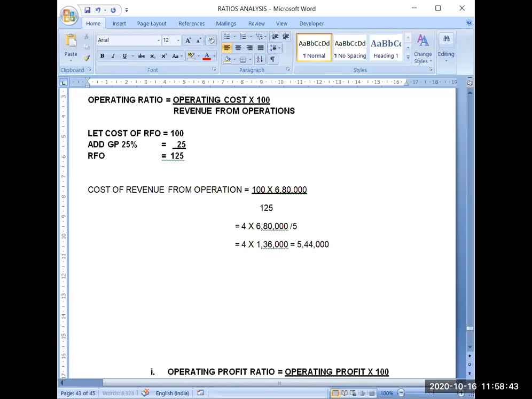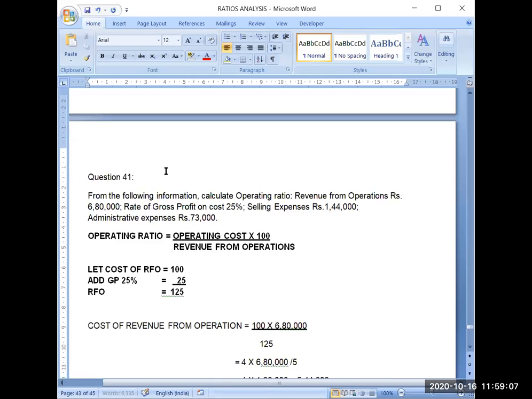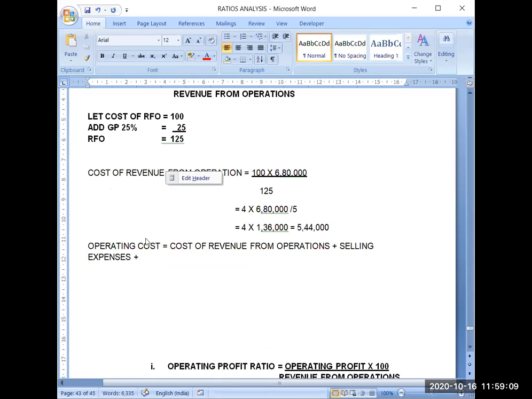Now I can calculate operating cost, which is equal to cost of revenue from operation plus selling expenses plus administrative expenses.